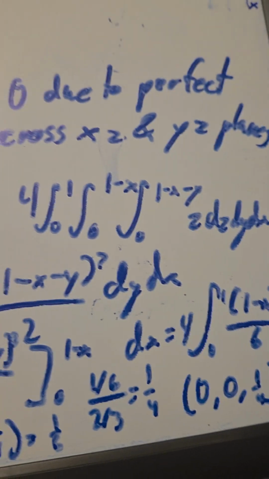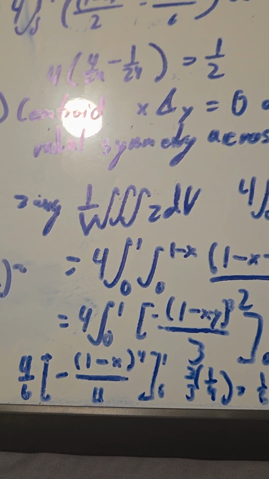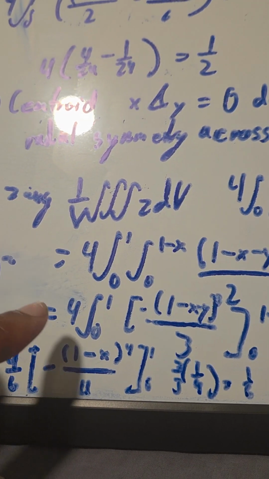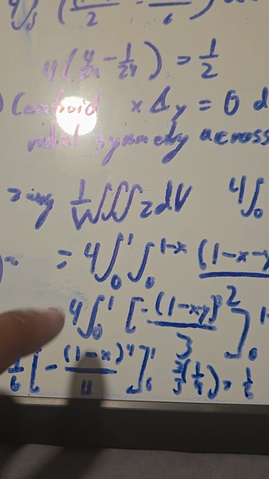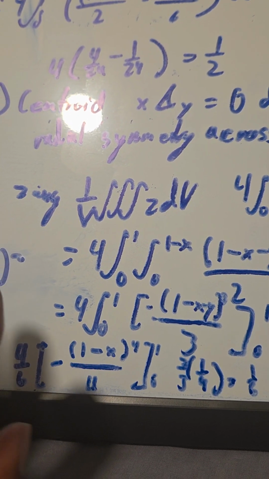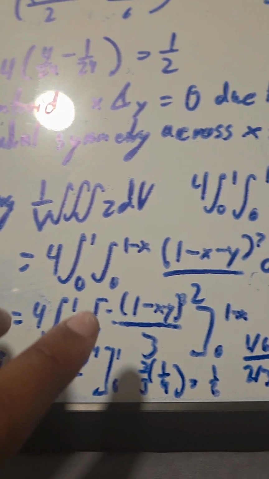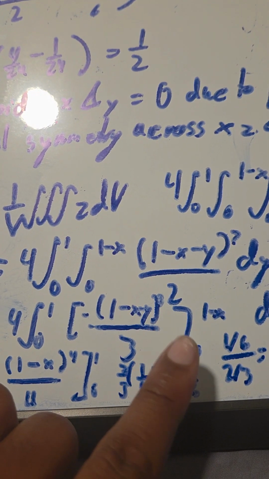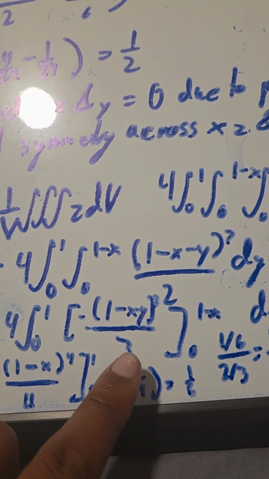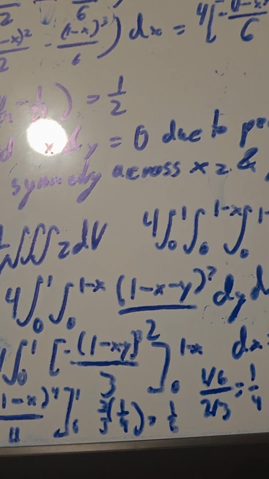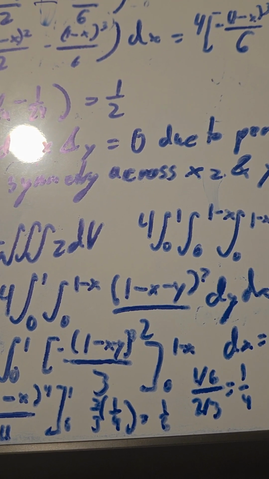And right down here, then I multiplied the 4 times the integral from 0 to 1 of that. Hold on 1 second. All right, I figured out what looked weird.